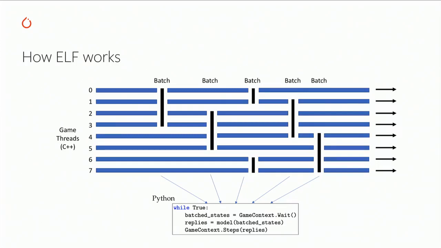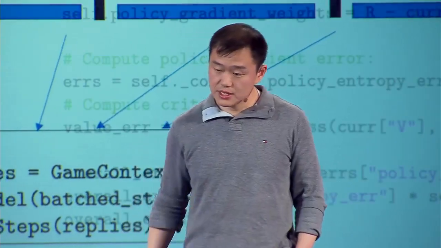Because in GPU, if you want to run deep learning, it's better to batch everything together. So ELF basically balances the throughput between different game threads while allowing this batching. So that's one summarization.